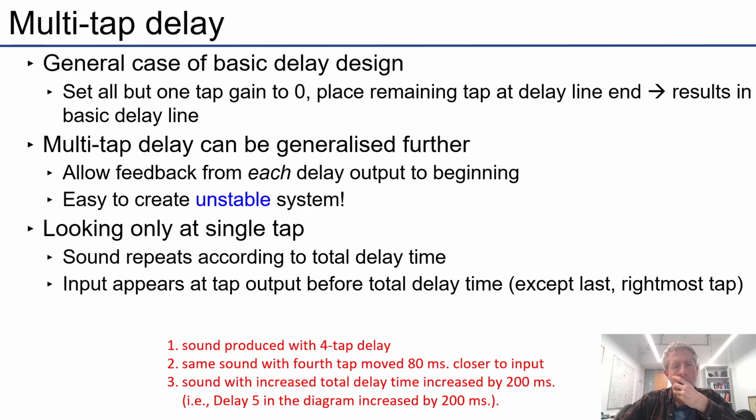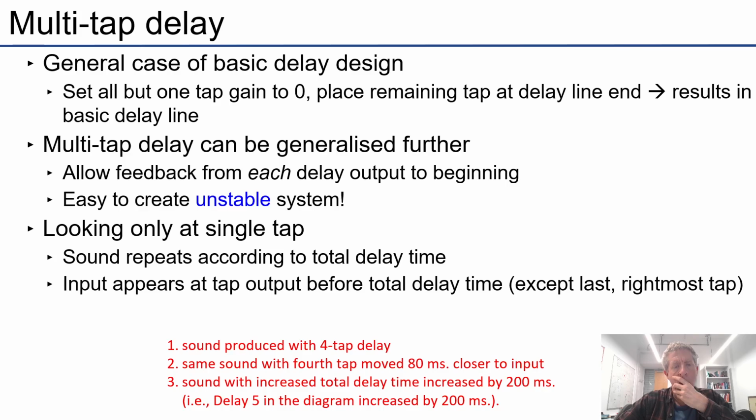It's quite easy to create an unstable system this way, so one needs to be careful in design. If you look at only a single tap, then the sound repeats according to the total delay time to get to that point. And the input appears at the output before that total delay time.